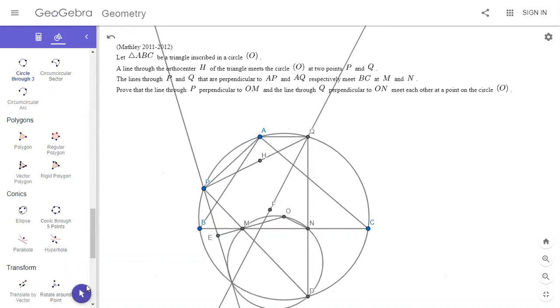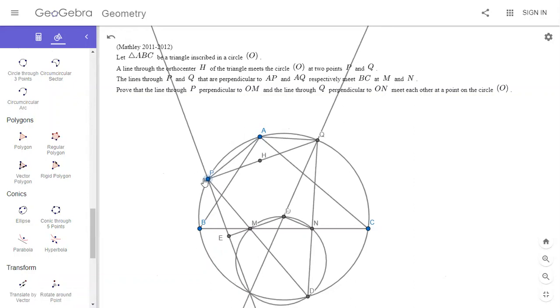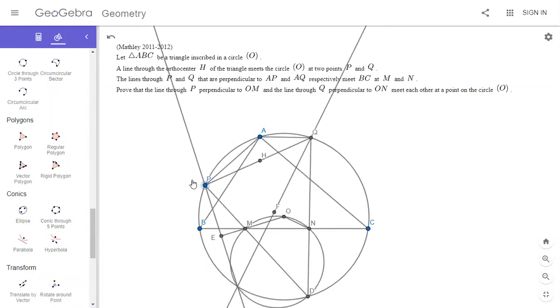So it looks like PE, I mean, we can kind of get rid of points E and F, but yeah, we need to use that H is the orthocenter. So basically, this is like the spiral similarity point of those two.